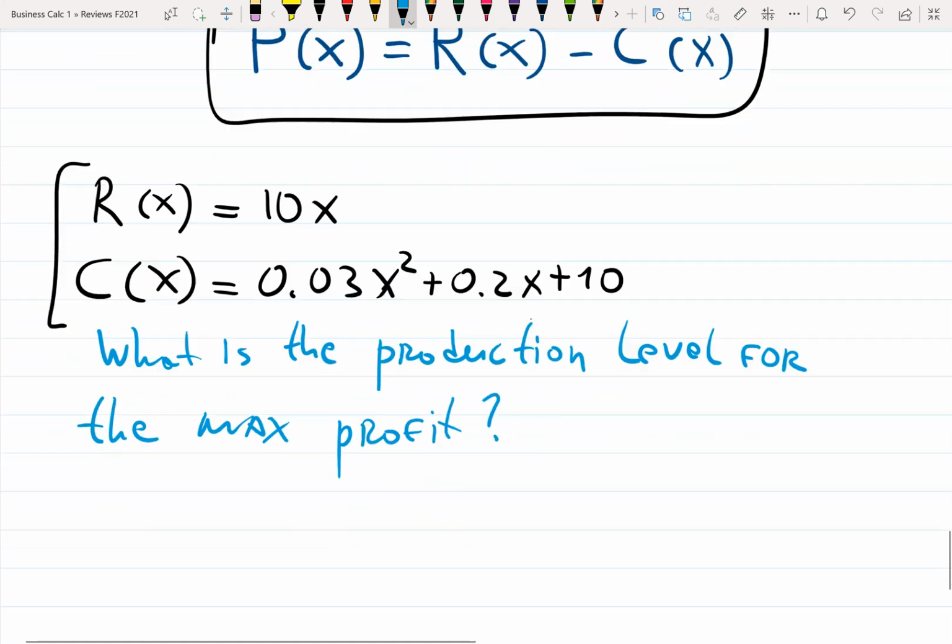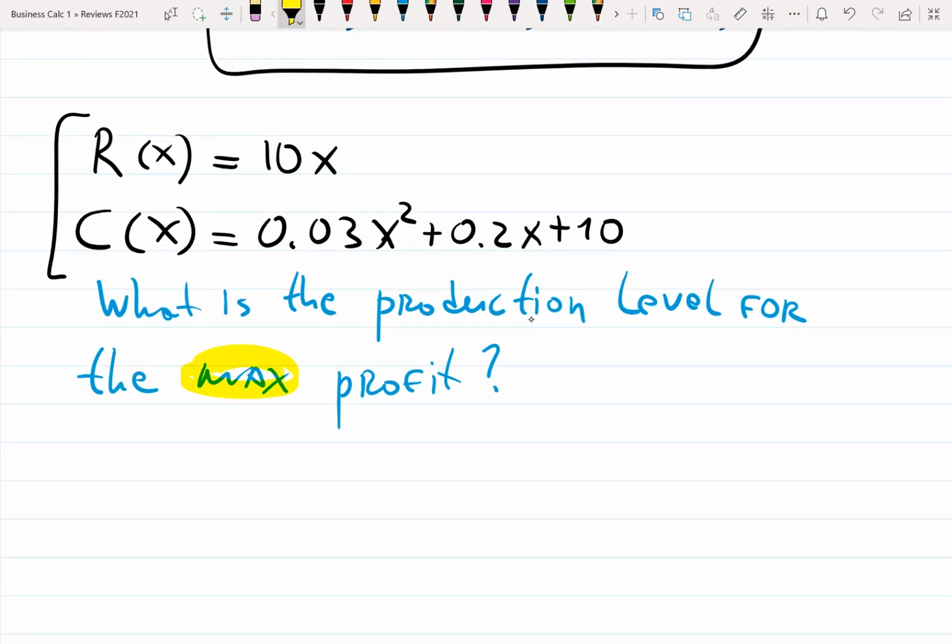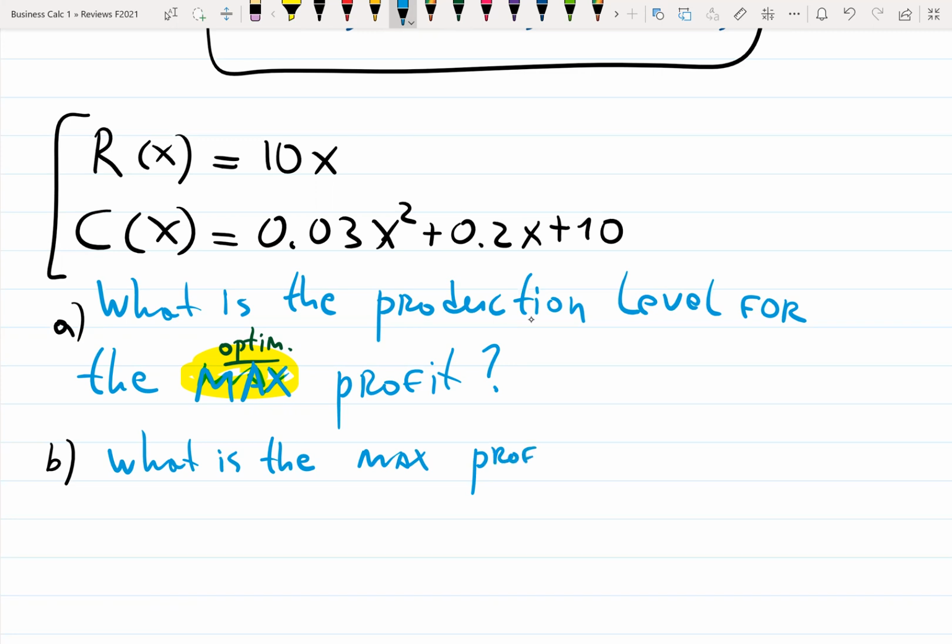When you see the maximum profit keyword, you immediately know they're talking about derivatives because that is an optimization problem. So you see, until I saw the maximum word, I did not know that. And then I saw it and I like, oh, they want me to differentiate P, not just plugging things into P. And then this is A, and then B asks to find the profit. What is the maximum profit?